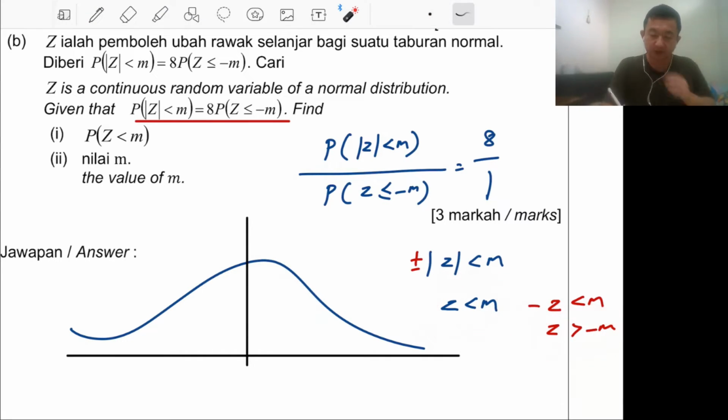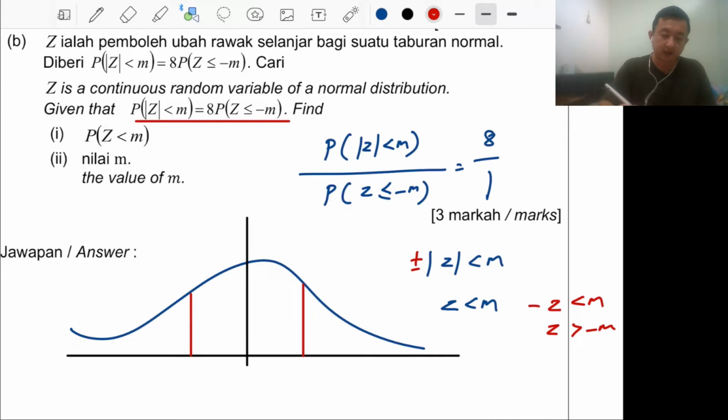So how do we draw this? You can draw a sketch here. You can claim that this is your m and this is your negative m. If z needs to be less than m, it has to be in this direction, right?